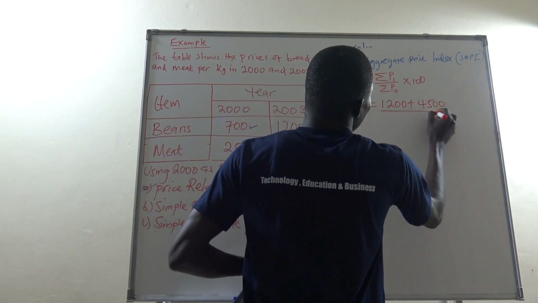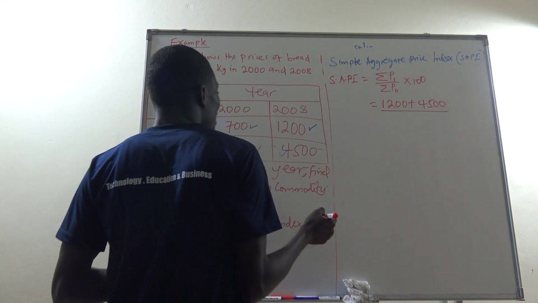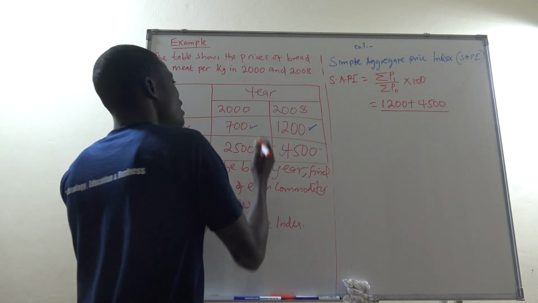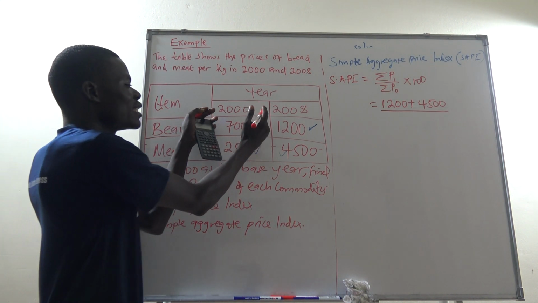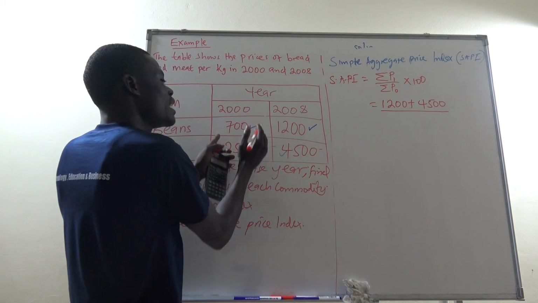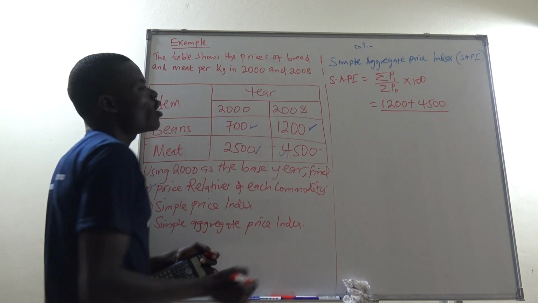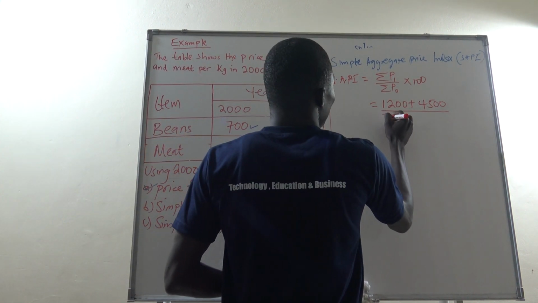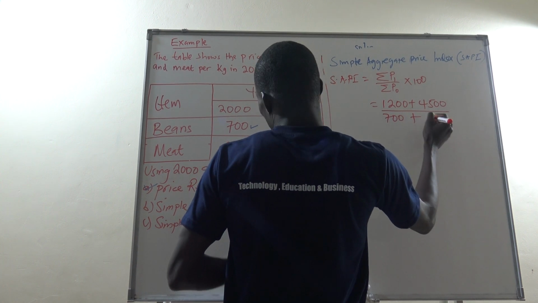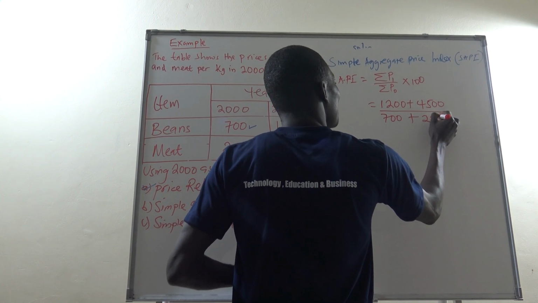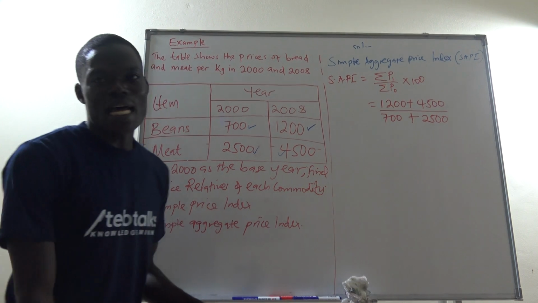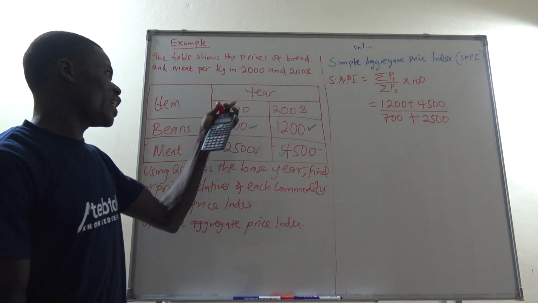Then divide by the summation of prices in the base year, so we get their total, that is 700 plus 2,500 for beans and meat respectively in 2000.